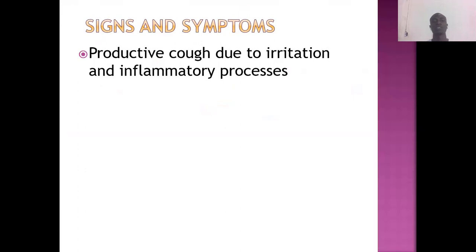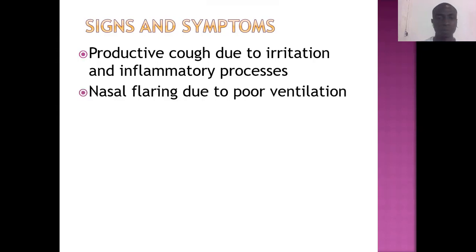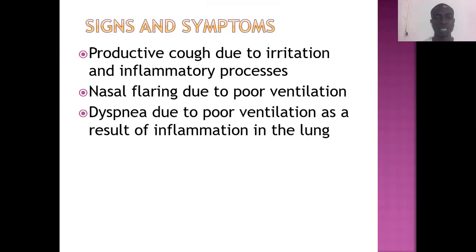Signs and symptoms of pneumonia. So the first one is productive cough due to irritation and inflammatory processes. There's tachypnea due to poor ventilation. There's also dyspnea due to poor ventilation as a result of inflammation in the lungs.